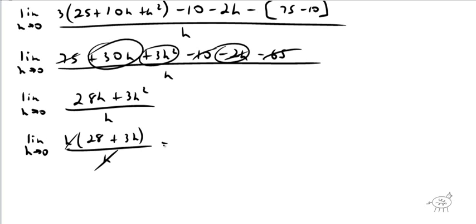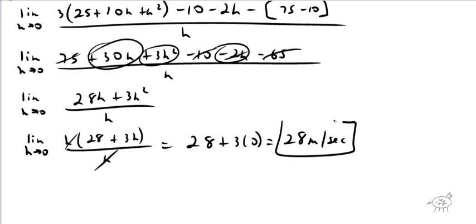I can do direct substitution, which just gives us 28 plus 3 times 0, which is 28. So that's it, math fans. That's our answer. Now be careful of our units, right? It was meters, that was the position function, and I asked you what's going on at 5 seconds. So it's going to be 28 meters per second. That's your velocity, instantaneous velocity.